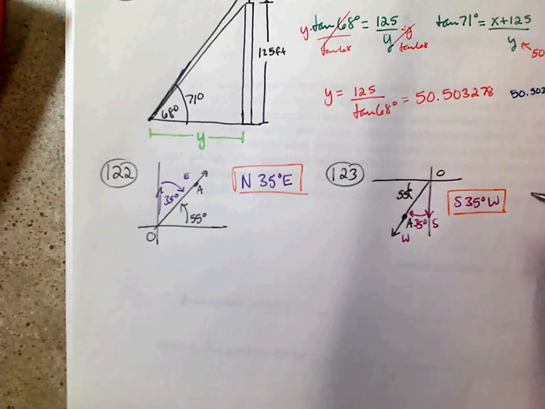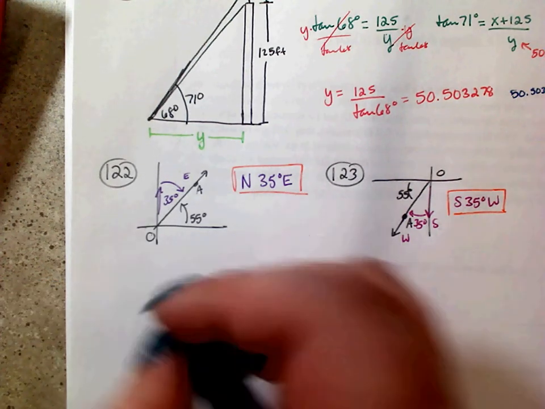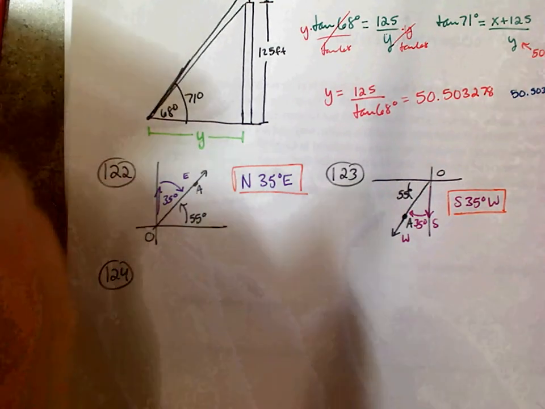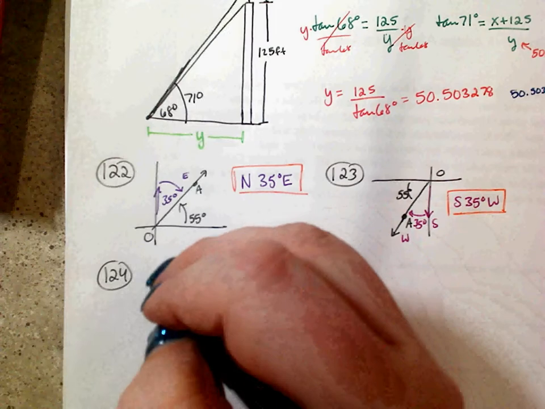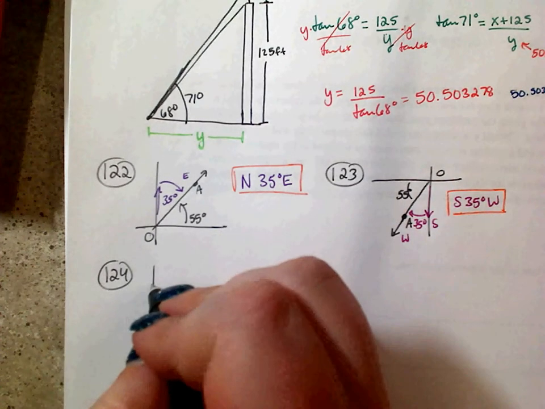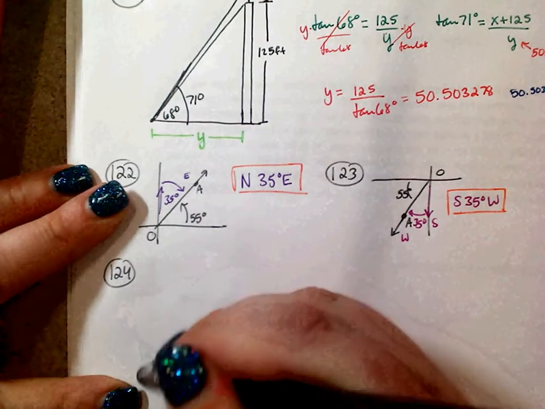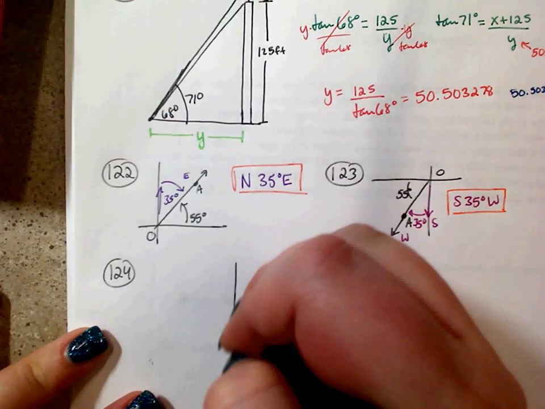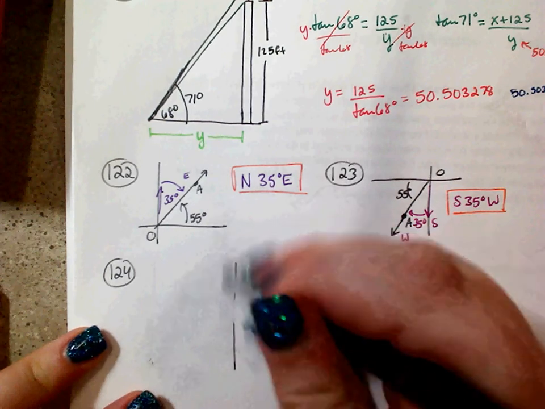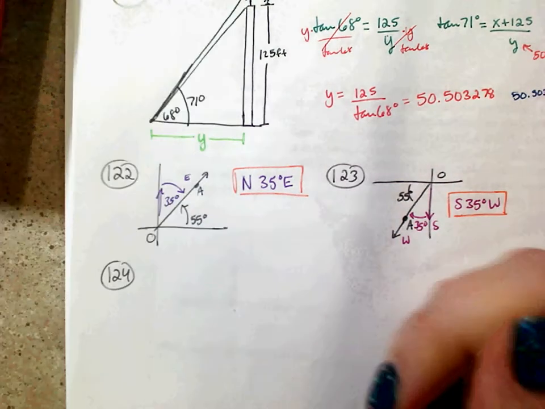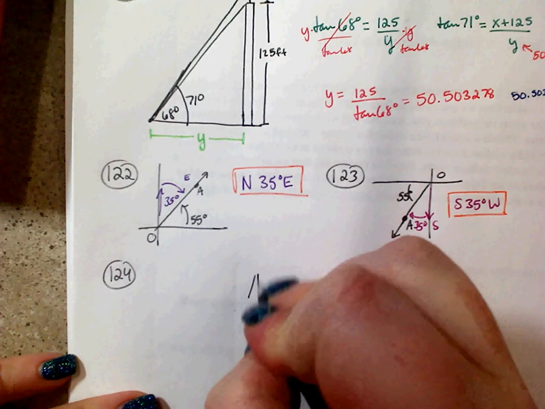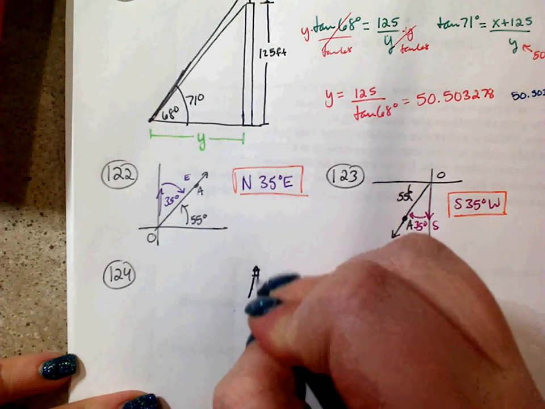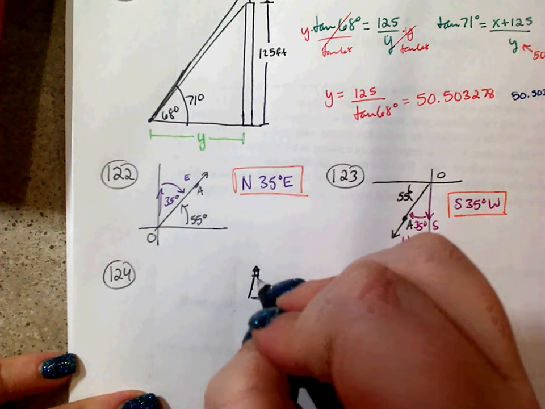124. A ship is due west of a lighthouse. Okay, so we got your lighthouse, right? And it's beaming light.